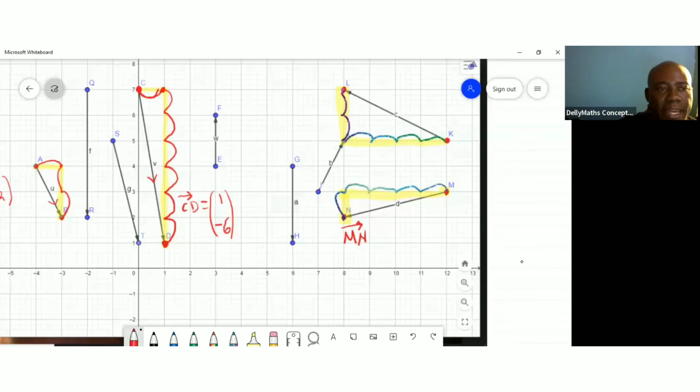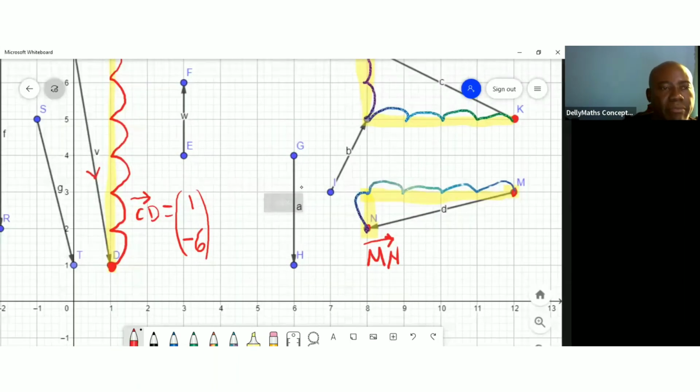Let us look at the vector EF. We're starting at E and we're heading towards F. You could see the arrow pointing in that direction. Now let's check. Remember that you should move horizontally before you move vertically.